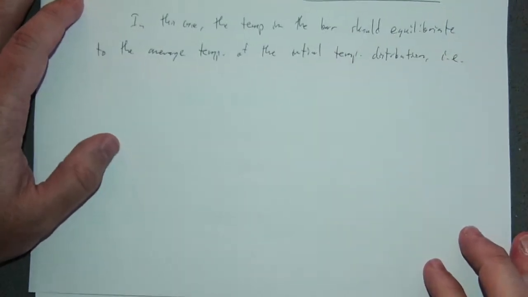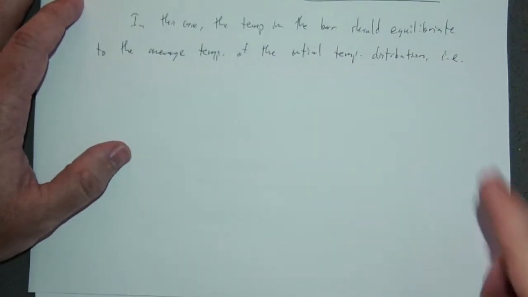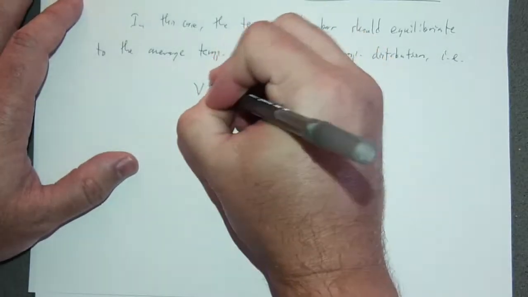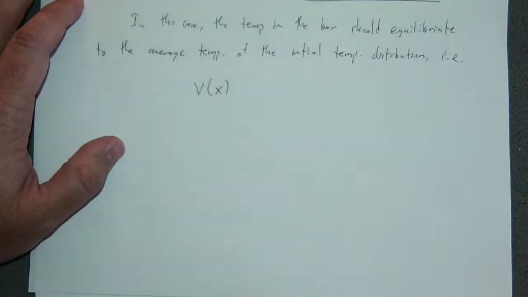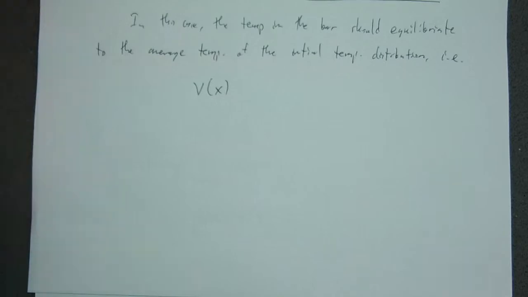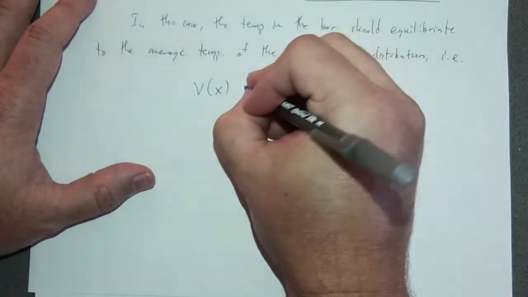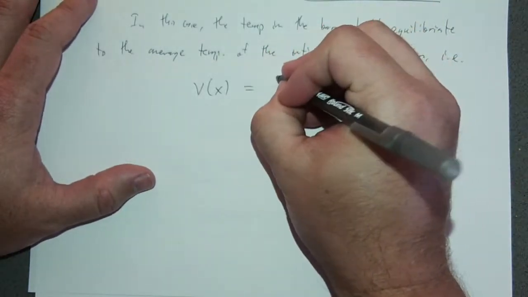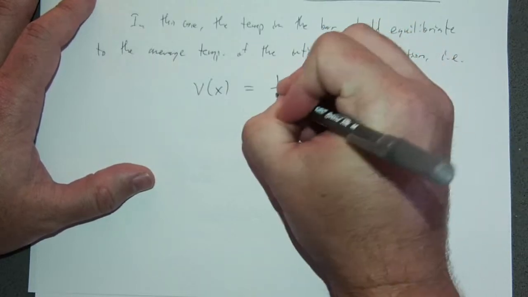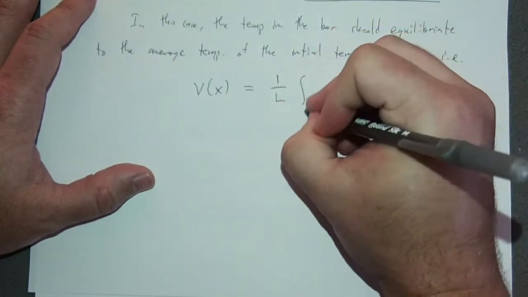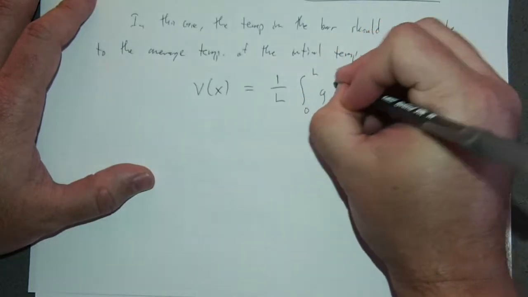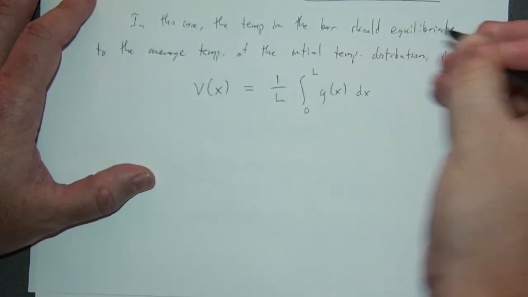What we are saying is that we expect this v of x to be equal to 1 over L times the integral from 0 to L of g of x dx.